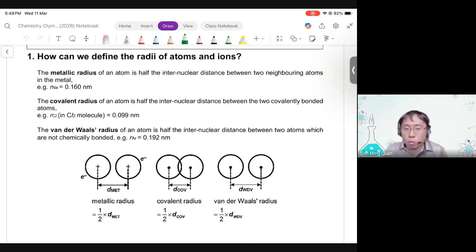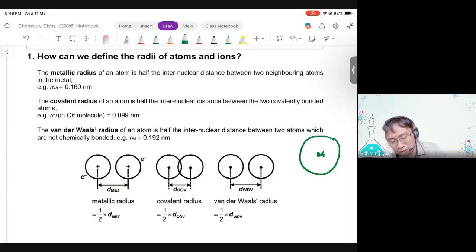Well, a good way to define the radius is simply to imagine our atoms and ions as circular, right? If we imagine the ions to be circular, then it's easy. Radius just means the center all the way to the outermost boundary of the circle. That's radius.